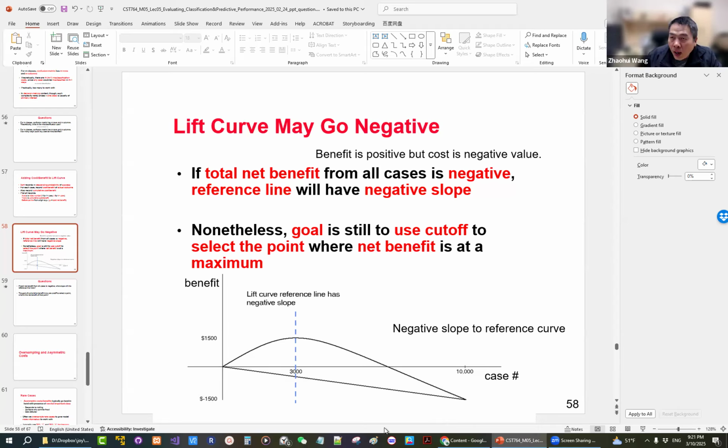That means we will not have benefit, we only have cost. We try to reach the highest benefit here, so the case number will be just 3,000. We just use 3,000 cases to realize the maximum benefit. The more cases, the less benefit we realize. If we have more cases, we will lose money.